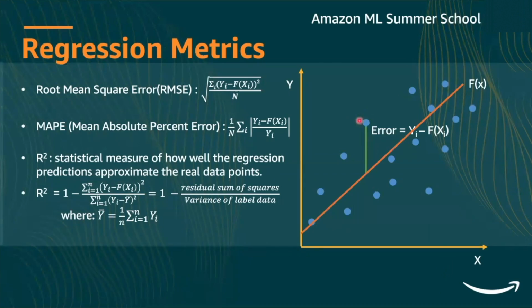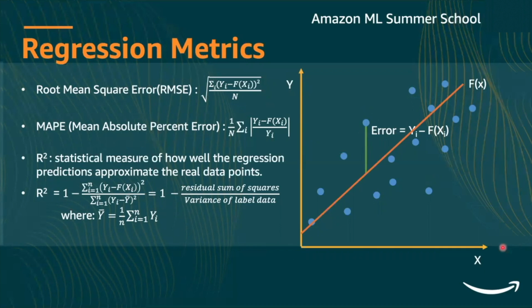Using this error, you can compute root mean square error, which is the square of this error summed across all the samples, divided by the total number of samples, and you take the square root of it. Similarly, you can compute mean absolute percentage error, and you can also compute R square. R square is the coefficient of determination.